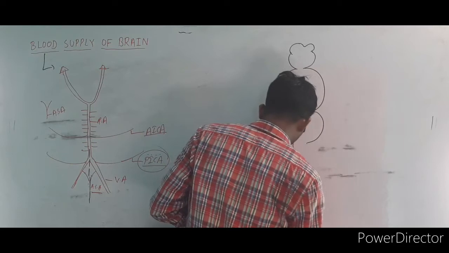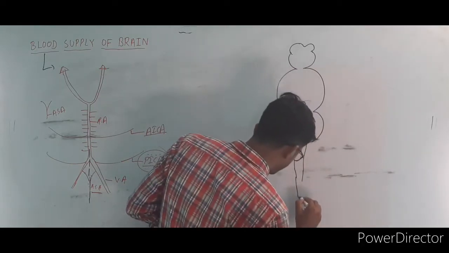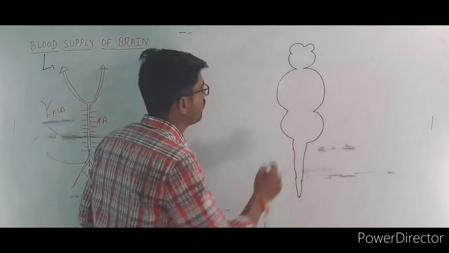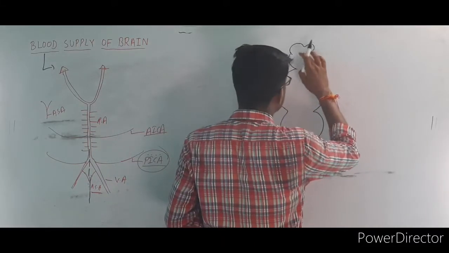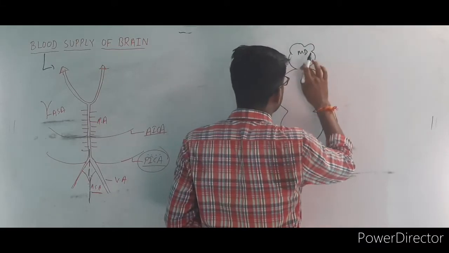And here is your spinal cord. I think it's visible up to this, right? This is your spinal cord. What is this? Tell me fast. This is the midbrain. Here is the midbrain, right?